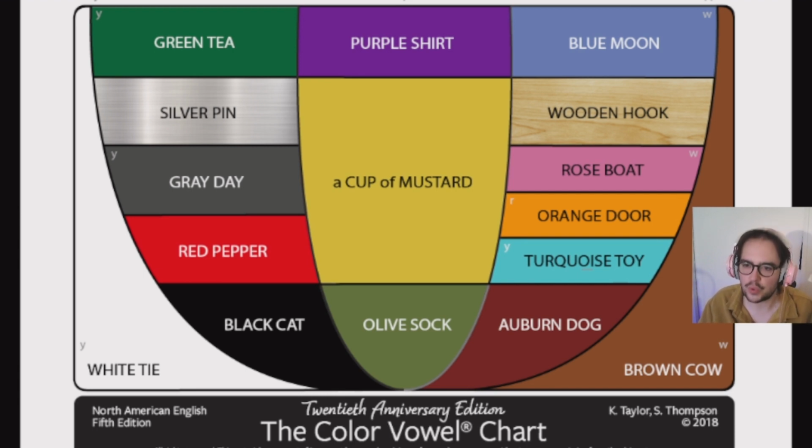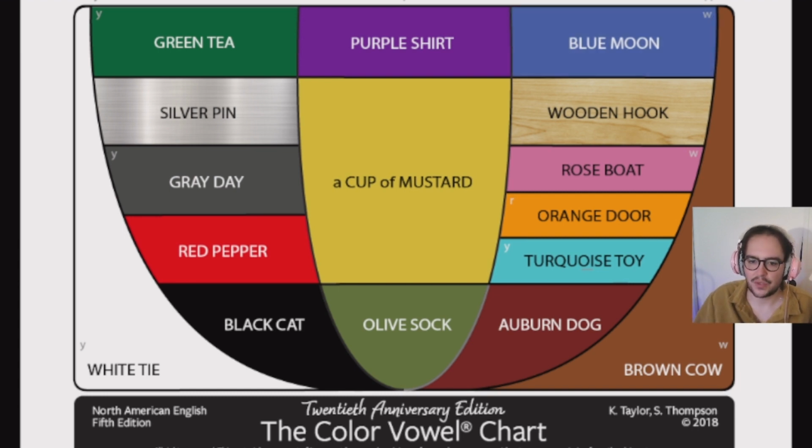Ooh, blue moon. So that's what we're focusing on here. Now we also need to focus on the shape of the chart, because the shape means a lot. It actually mirrors the shape of the vocal tract.